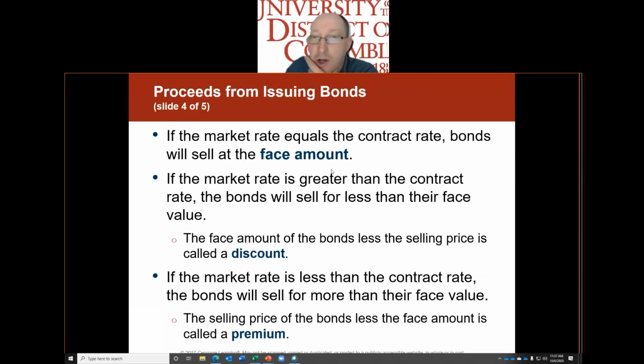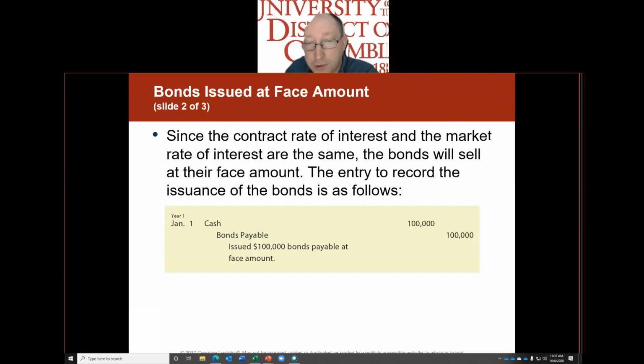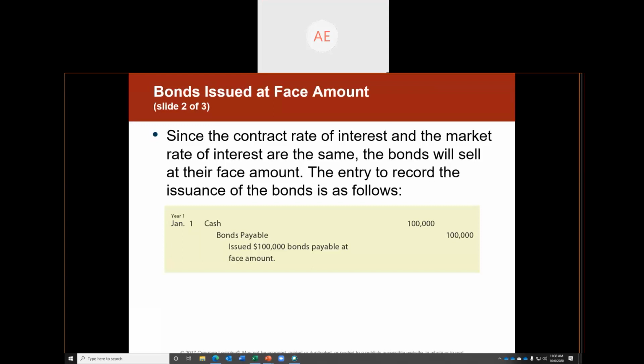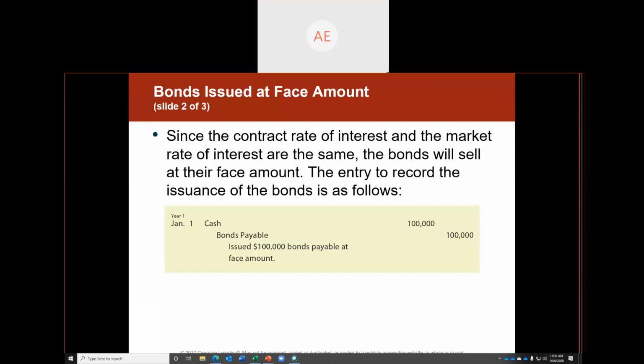You just call it the face amount. So if there is no difference, there is no discount and no premium, we call it the face amount, which is basically saying there is no premium and no discount. It's just that total and that's it. Exactly. That only occurs when the market rate equals the rate of the bond. Okay, thank you. Yeah, absolutely.